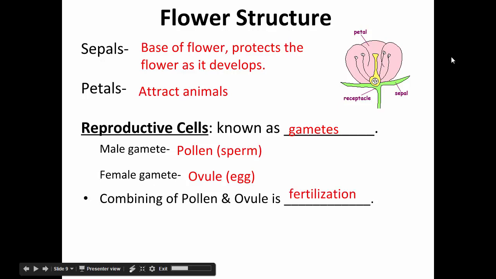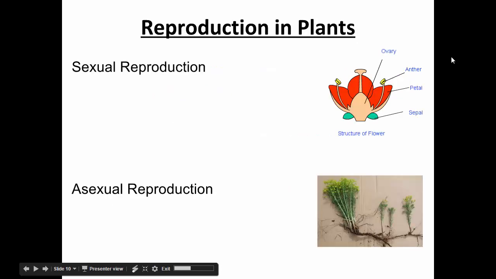Fertilization happens in plants when the pollen grain lands and fertilizes the ovule. So flowers are the part that's used for sexual reproduction in plants. Okay? And it requires two parents. One provides the male sex cell, one provides the female sex cell. One provides the pollen, one provides the ovule.